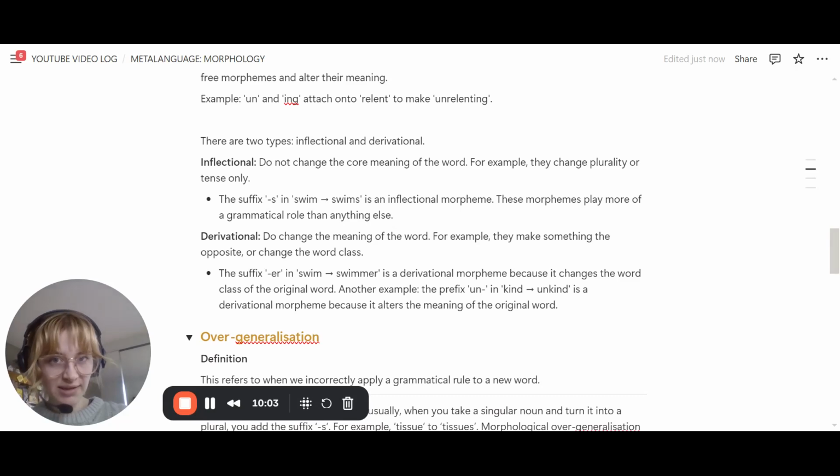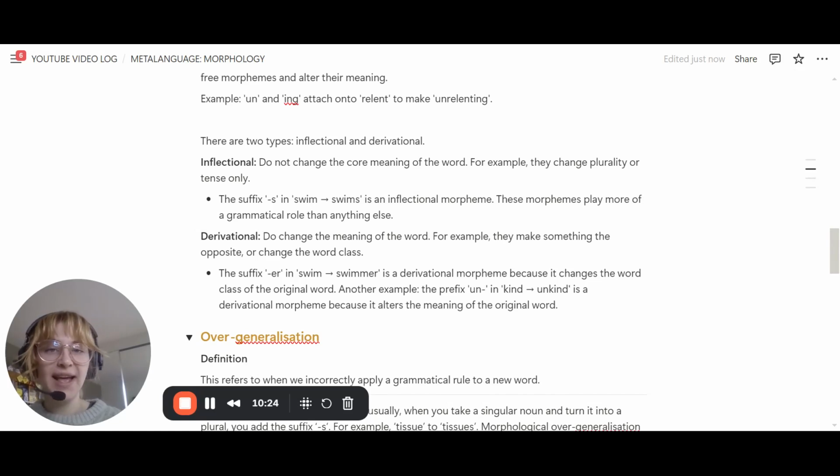Samantha swims. I'm still talking about swimming. I haven't changed anything except add a little suffix. They're a grammatical thing. They don't make any changes to the core meaning, unlike derivational bound morphemes. Derivational morphemes do change the meaning.